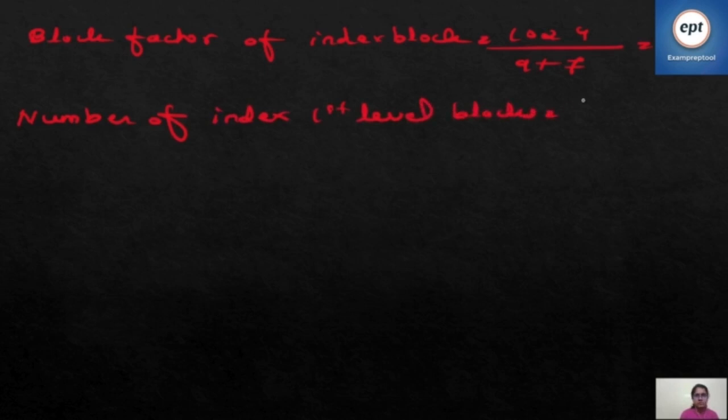We will take the ceiling of 10,000 divided by 64. So now it comes out to be 157 blocks.